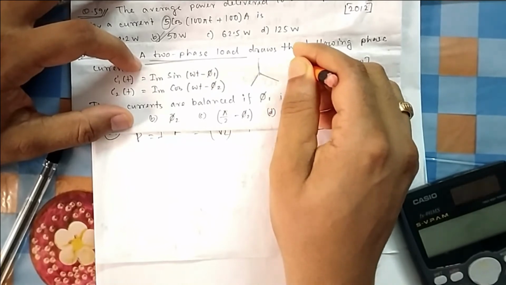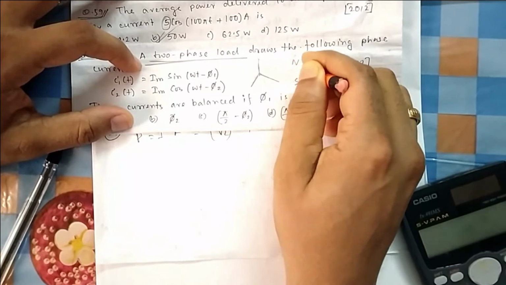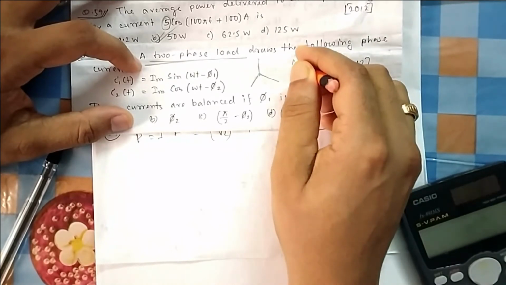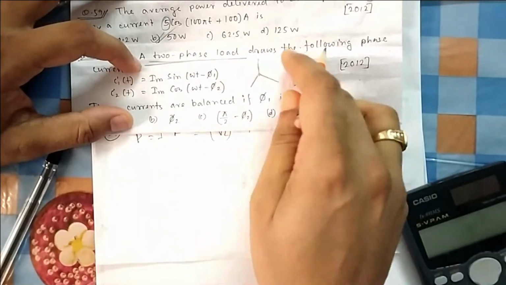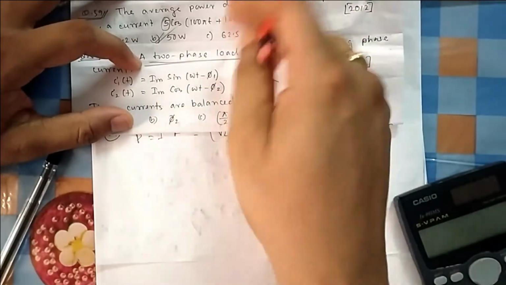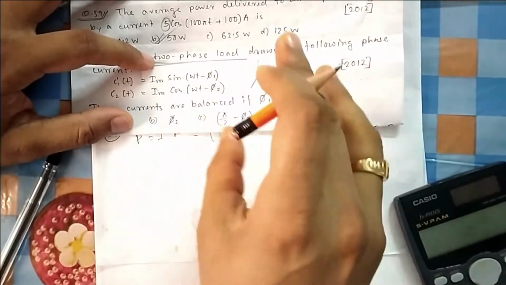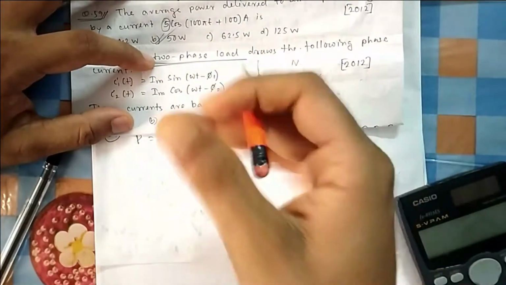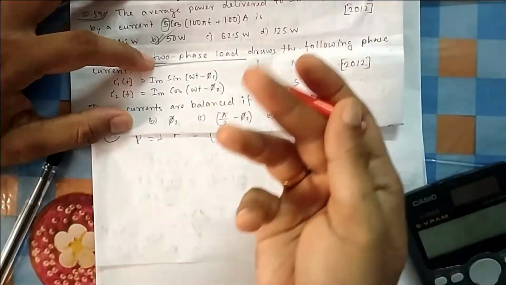Electrical 90 degree shift means, suppose this is my north pole, this is my south pole. So from here to here it is electrical 180 degree. So they don't give a 180 degree shift. Multi-phase loads are always given to a motor to have a rotating magnetic field. If you give a polyphase supply, it always gives a rotating field.